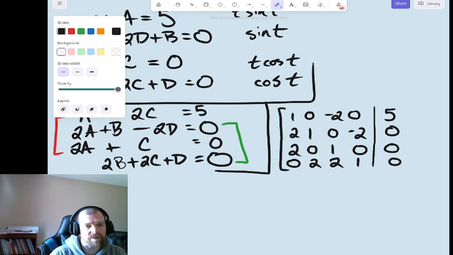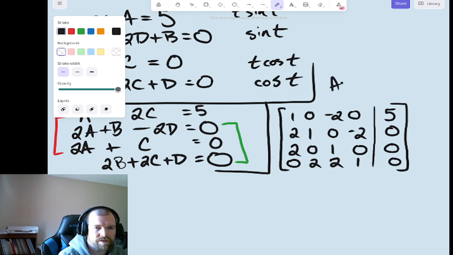So from here, we have a linear system of equations. It is, again, 4x4, and this is what's called an augmented matrix.